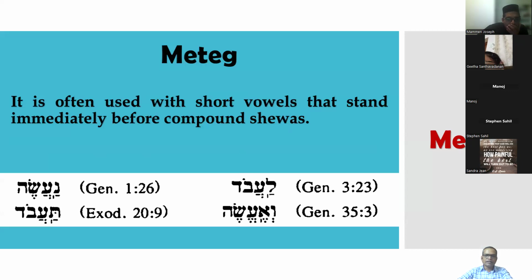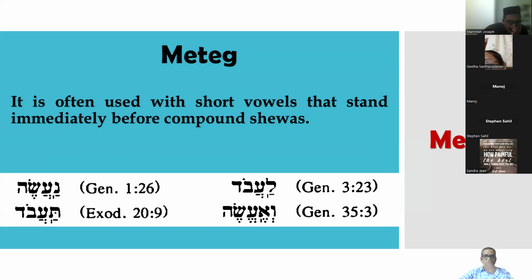If you look at the last example, Genesis 35:3, in this case you see the segol is carrying metek. And then you see how segol appears here: the guttural is carrying hatef segol, so the corresponding vowel is segol.